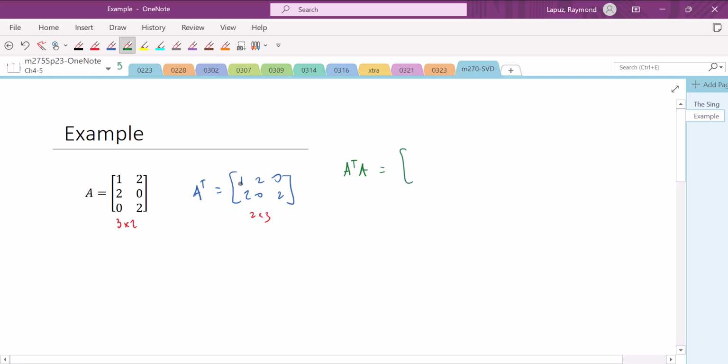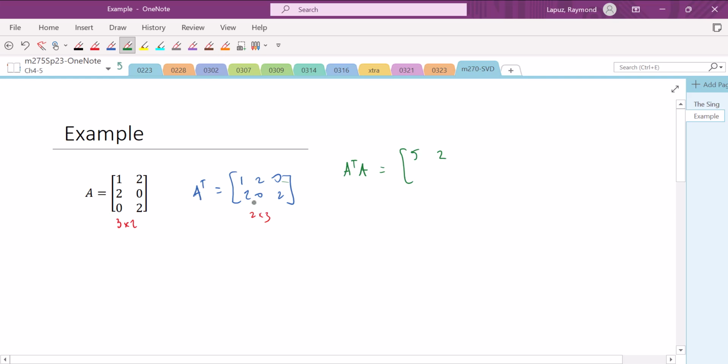So A transpose is first. It's the first row of A transpose times the first column of A. So that's 1 plus 2 times 2 is 4, so that's 5. And then the first row and second column, that's going to be 2, 0, 0, so that's a 2.